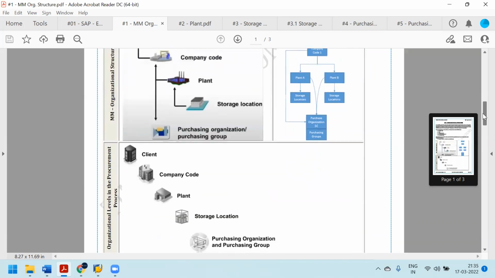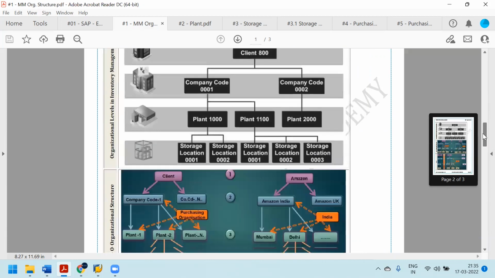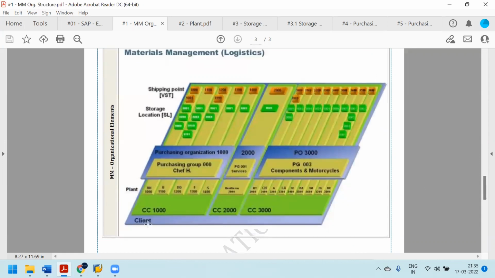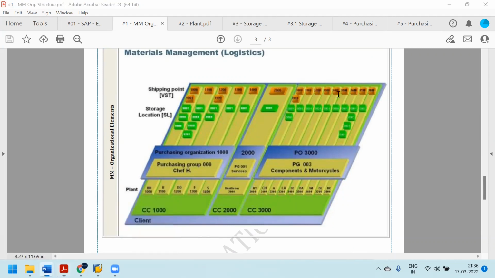You can compare this one as well, right? So this is how they are connected with each other. We have client 800, which we are using. In client 800, we may have a number of company codes. And yesterday we defined our own company code. What is that company code?